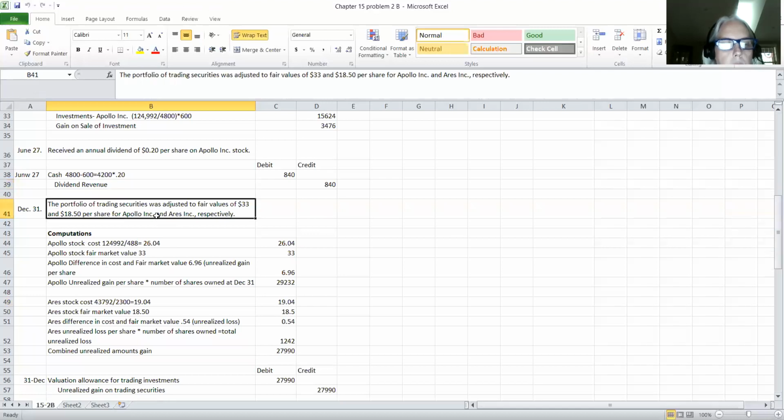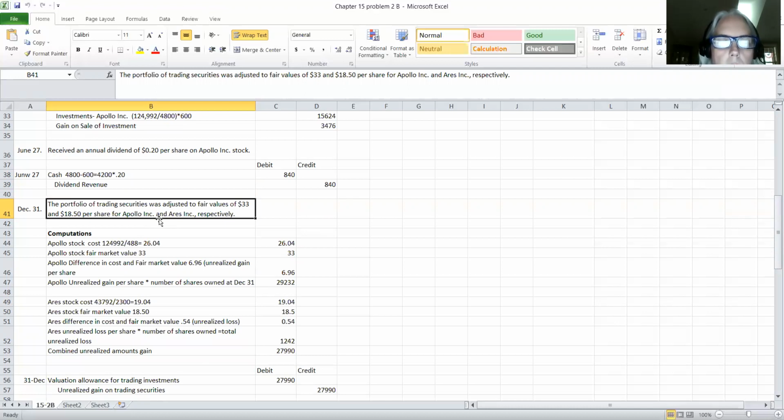On December the 31st, because we have bought stock as a trading investment, at the balance sheet date or at the financial statement date, we're going to have to adjust the trading securities to the fair market value.